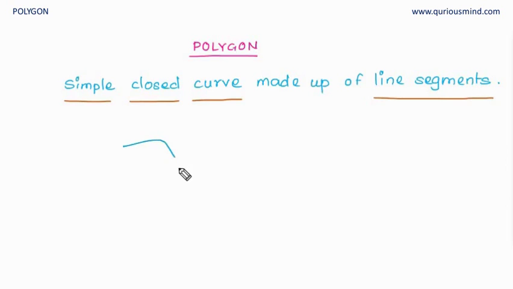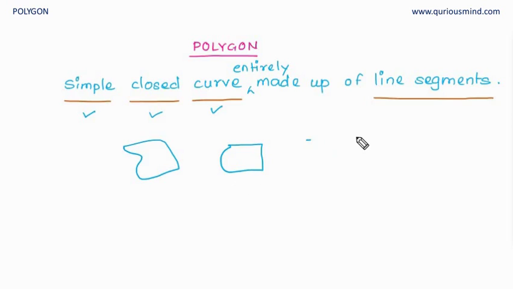So if I have this, is it a polygon? It satisfies this first thing. It is a simple curve. It is a curve. It is simple. It is closed, but it is not made up of line segments. It has to be entirely made up of line segments. Let me add this word, entirely. Simple closed curve entirely made up of line segments. If I have this, again still it is not a polygon.